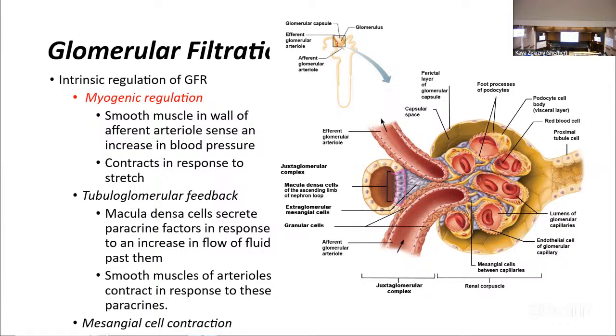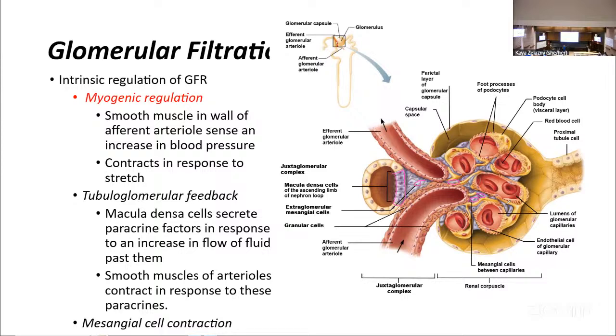Mesangial cells are the ones we have here, but you can see them all throughout, all the rest of this purple stuff. Mesangial cells are in there, jumbled in with the glomerular capillary. The glomerular capillary is made of an endothelial cell layer, and then those podocytes that are lining those capillaries. Okay. So what happens with the mesangial cells?